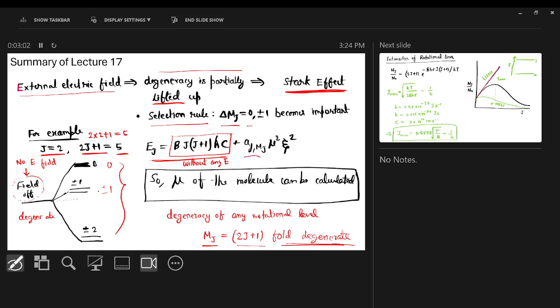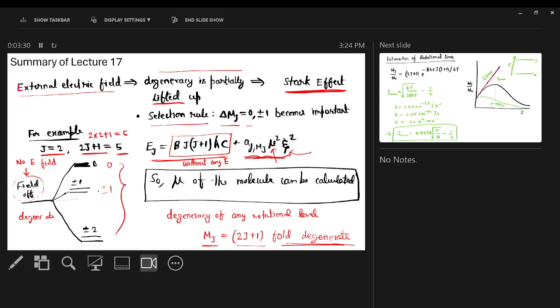And this term comes because of the interaction between the dipole moment of the molecule and the electric field. When we apply the electric field, it interacts with the dipole moment of the molecule, so this is the interaction term. Here mu is the dipole moment, and this is the electric field.